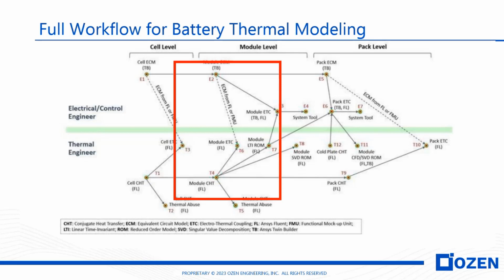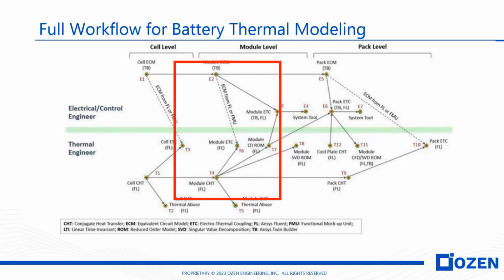Today we're going to work inside this red box. We're going to be working on a module level. We're going to first work in TwinBuilder, start building our equivalent circuit model. Then we're going to move on to the thermal side of the problem, which essentially means using the Ansys Fluent CFD tool as our thermal solver.